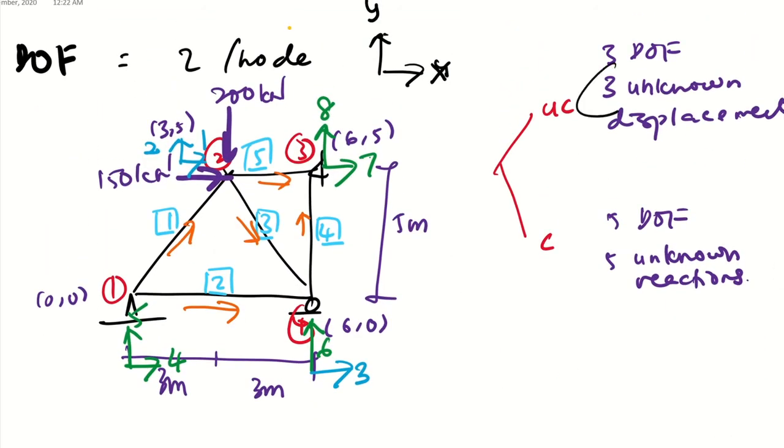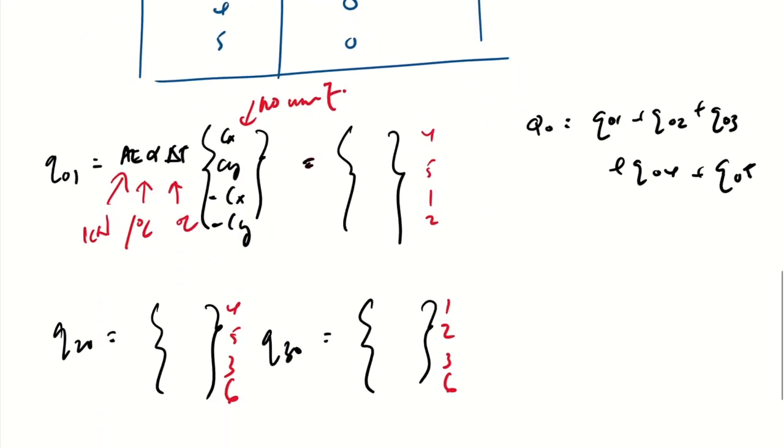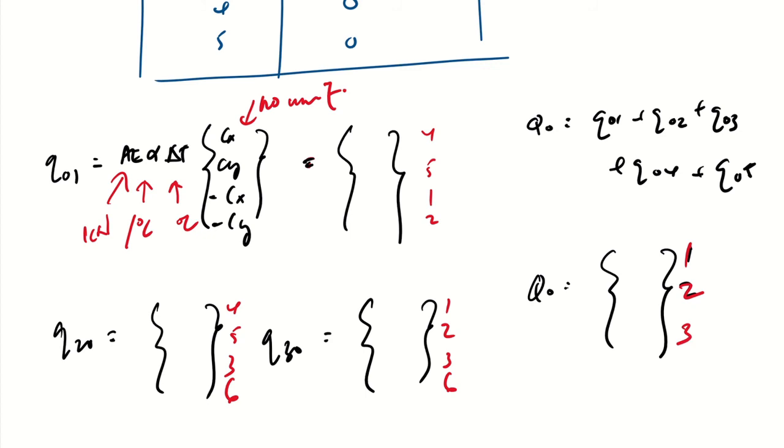That means we need to establish Q naught for 1, 2, and 3 position. We get Q naught 1, Q naught 2, Q naught 3.